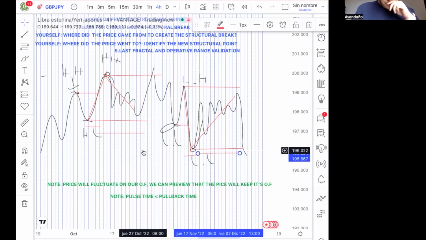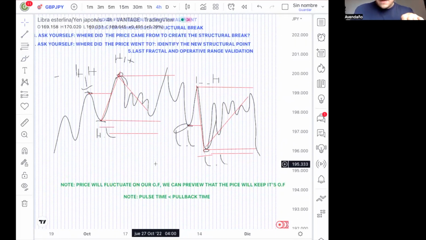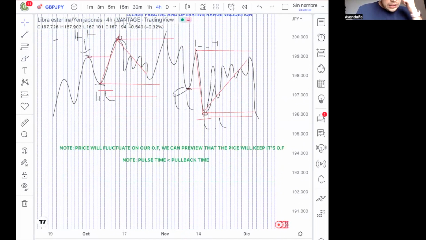And now let's continue. With those rules, we now have a fractal. However, and this is pretty much personal, we will have some, I don't know how to call it, probability characters confirmations, some structural confirmations of this fractal that will give us the high probability zones.